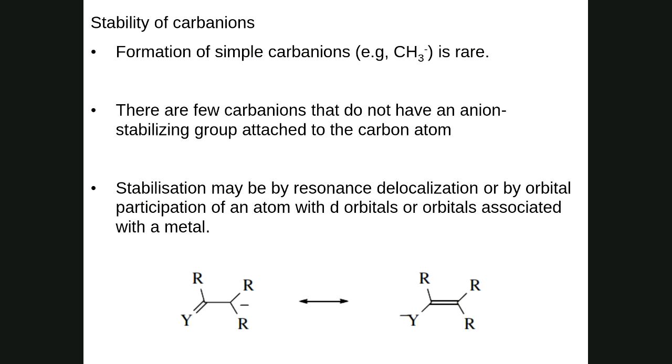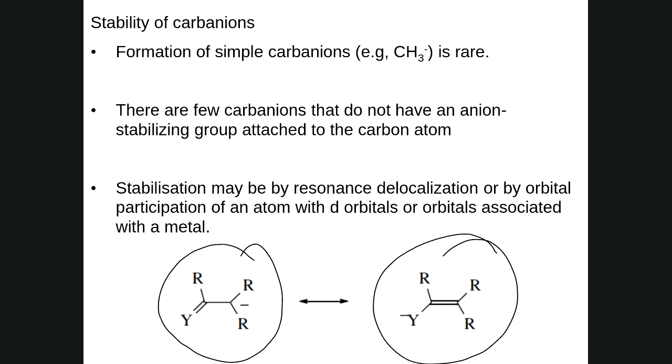Basically, your carbon needs somebody to shoulder the burden of carrying that negative charge, either by resonance, by delocalization of that negative charge in a pi skeleton, or by having another group, another atom attached to the carbon atom that is able to withdraw some of that negative charge, that is able to stabilize that negative charge, which is where organometallic compounds come about. So, for example, in this example, we have two resonance forms of the same carbanion.